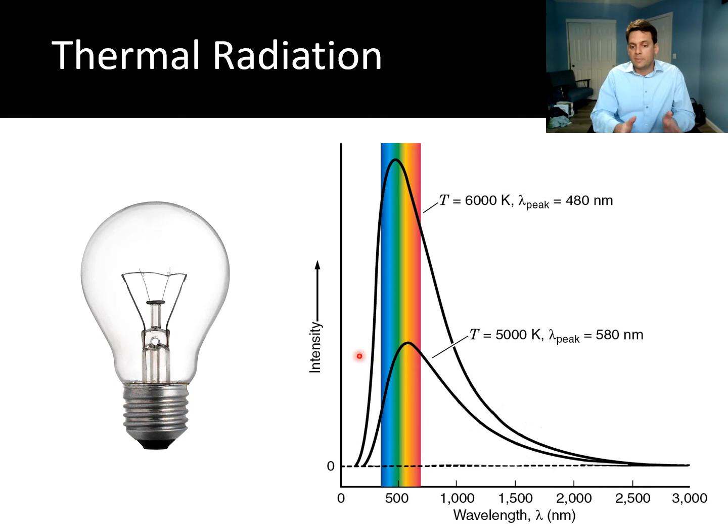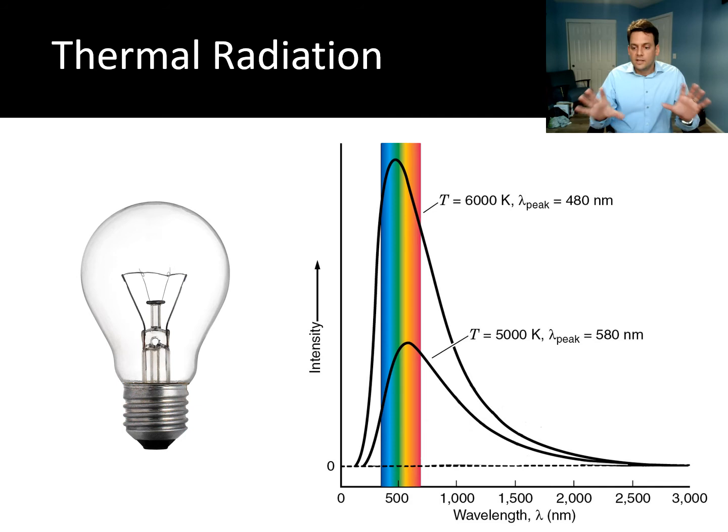The other thing that happens is that the curve shifts out to the right a little bit, towards larger wavelengths. So instead of the peak of the spectrum being at 480 nanometers, here in the green, we've shifted the peak out to 580 nanometers, which is in the yellow to orange part of the spectrum.